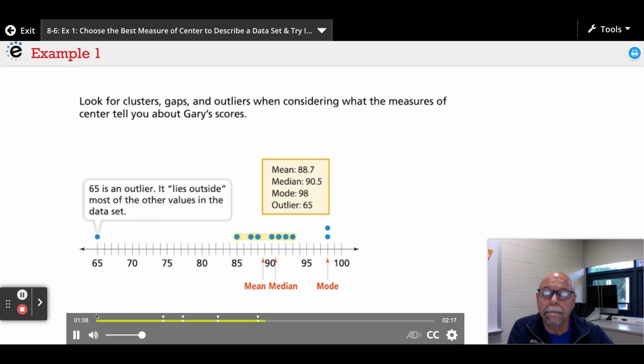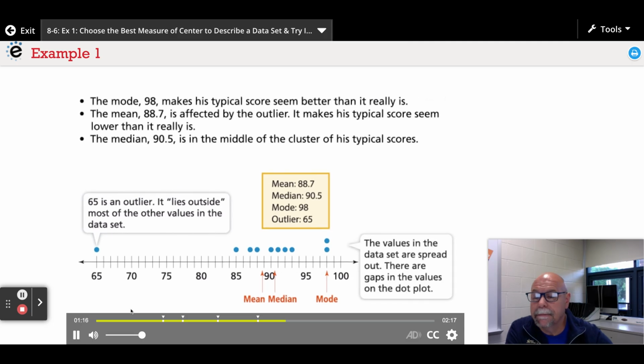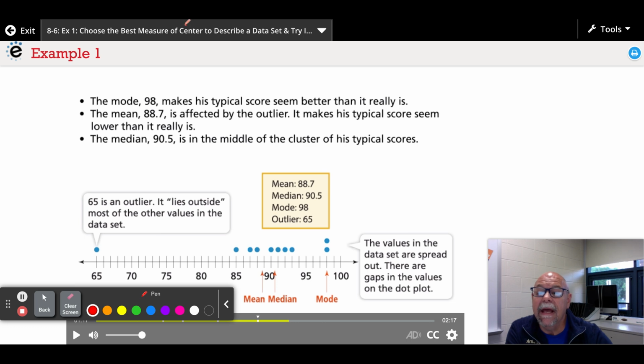Look for clusters, gaps, and outliers when considering what the measures of center tell you about Gary's scores. Just a quick word about that measure of center she just talked about. It is in the title here, and the measures of center are when we're looking for an average, and we want to see how closely the scores kind of come together, right?